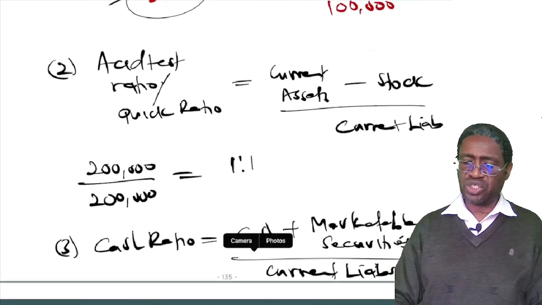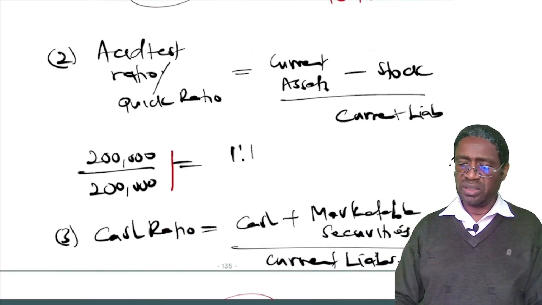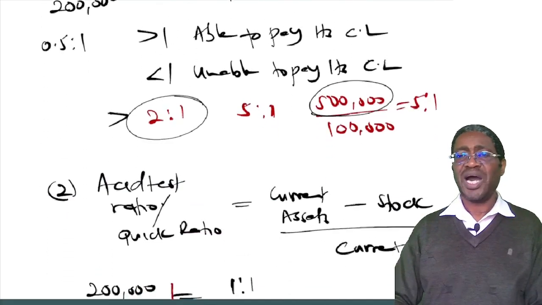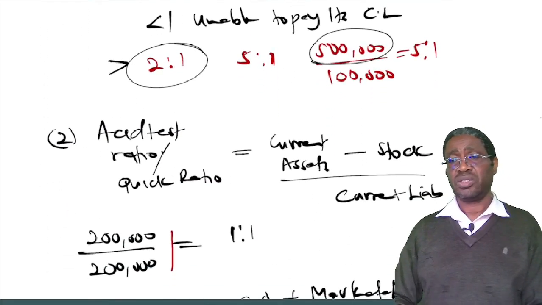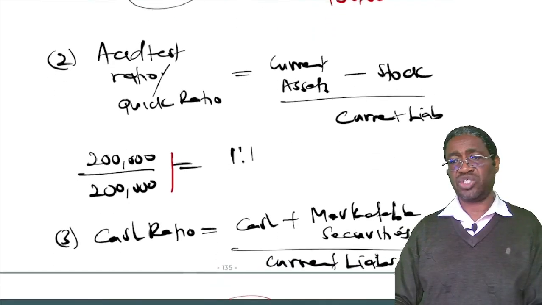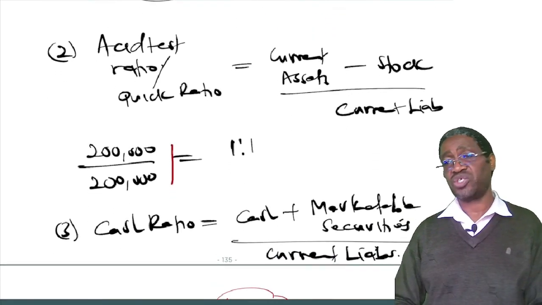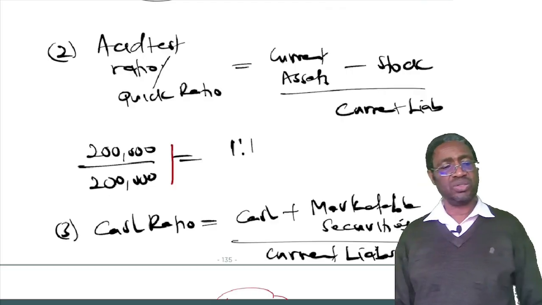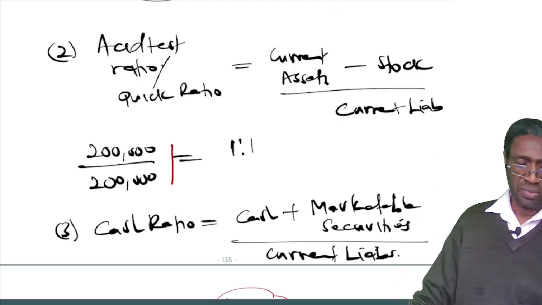Another type of ratio under liquidity. Write number 2, acid test ratio. We also call it quick ratio.